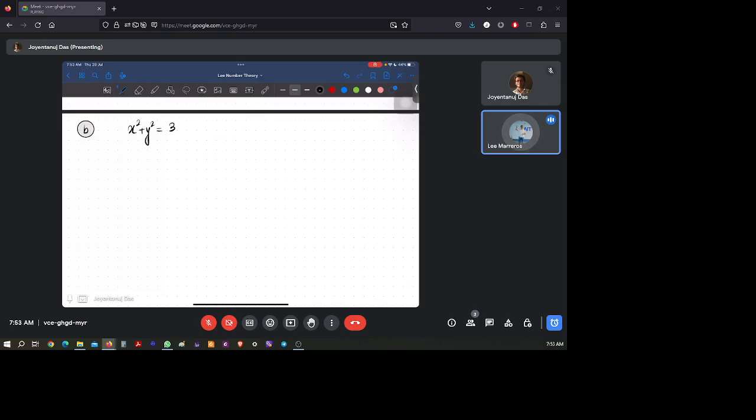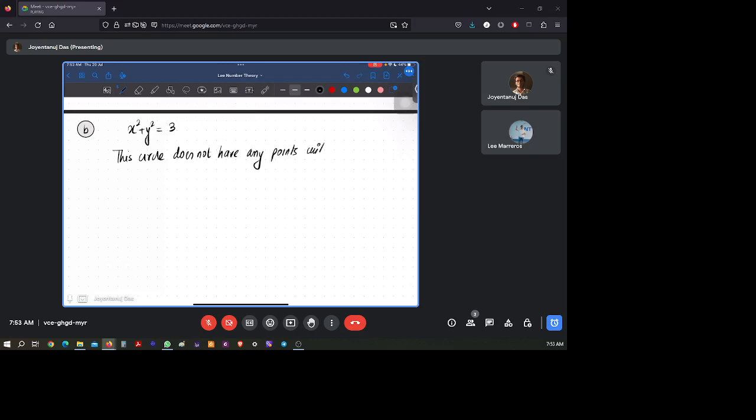So that solution is not a Pythagorean triple. Actually, this circle does not have any point with rational coordinates.